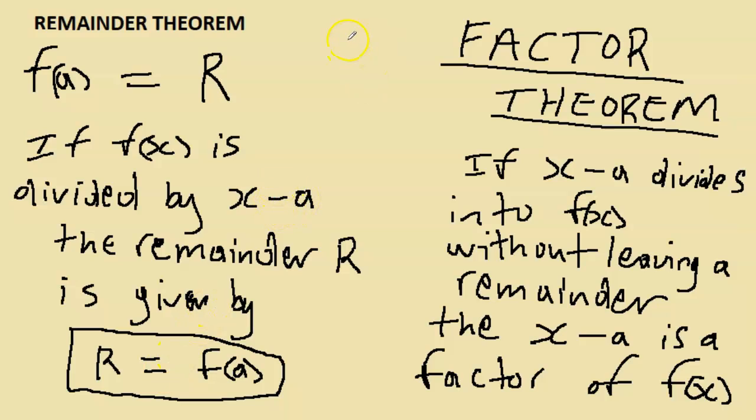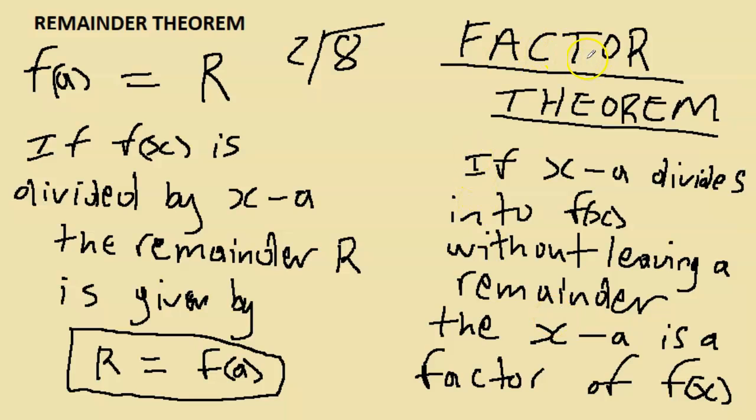If you divide 2 into 8, you wouldn't get a remainder, would you? It would mean that 2 is a factor of 8. In the same way, if x minus a divides into f of x and you don't get a remainder, or the remainder is 0, then x minus a is what we call a factor of f of x.